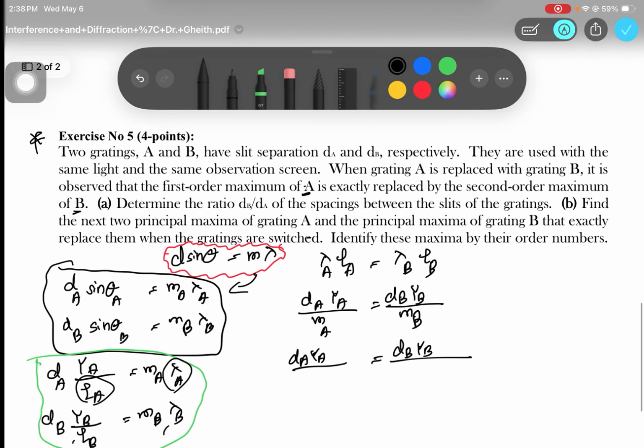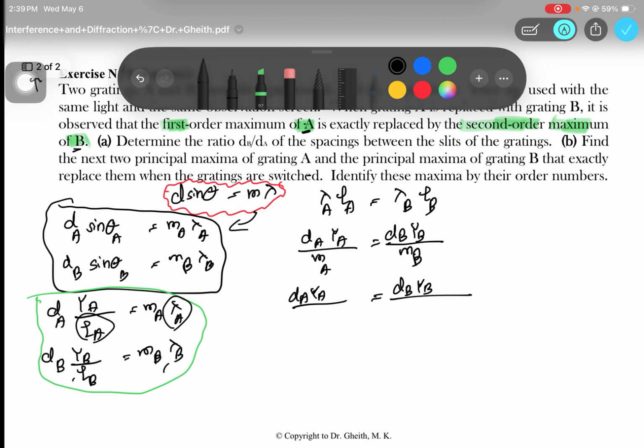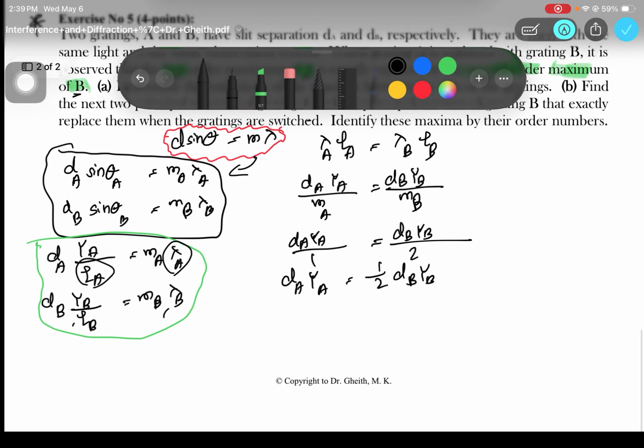So d_A y_A is equal to d_B y_B over m_B times m_A. Here m_A is the first order maximum of A, and B is the second order maximum. So m_A is 1 and m_B is 2. So d_A y_A is equal to 1 over 2 d_B y_B.